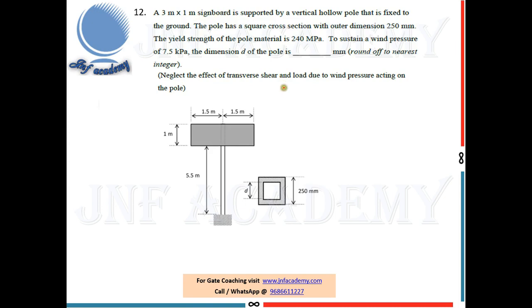Now what is the formula for pressure? Pressure is equal to force per area. So on this board, some pressure is acting, that is 7.5 into 10 power 3 because of kilo.